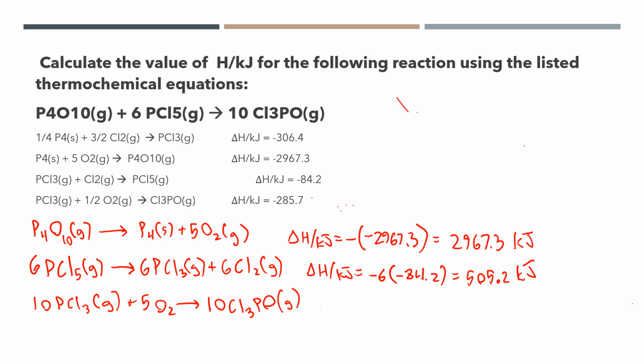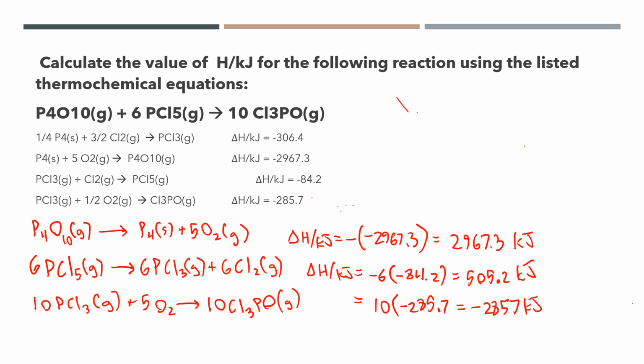And then I'm too lazy, I'm not going to keep writing that out. We have 10 times your -285.7 equals, let's see, what does it equal? -2,857.